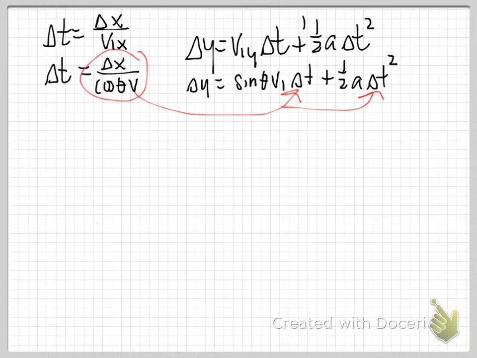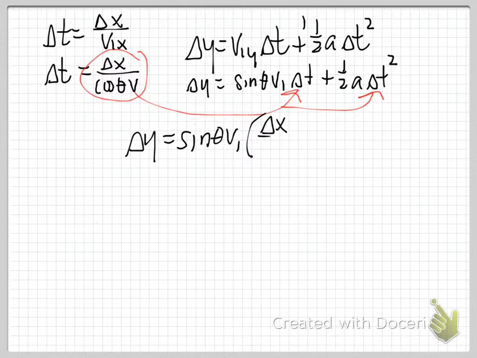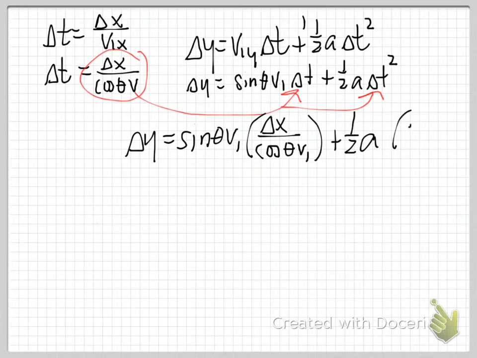This is basically the same thing we've been doing. So we now have delta y equals sine theta VI times the quantity delta x over cosine theta VI plus 1/2 a delta x over cosine theta VI, squared.